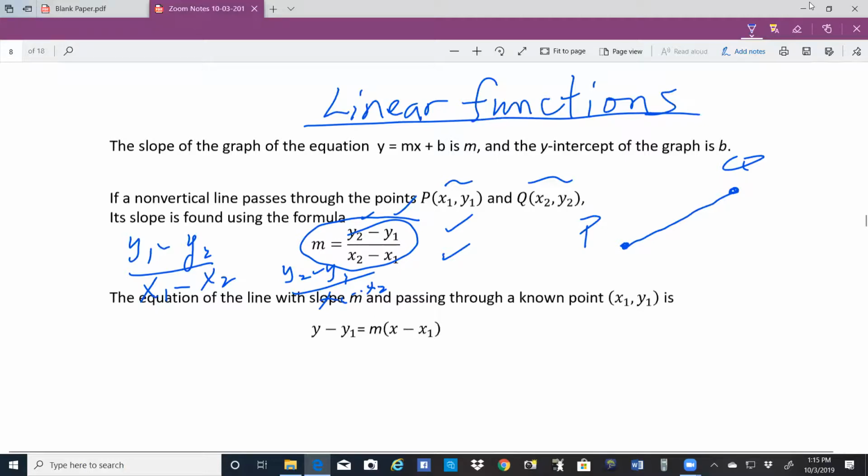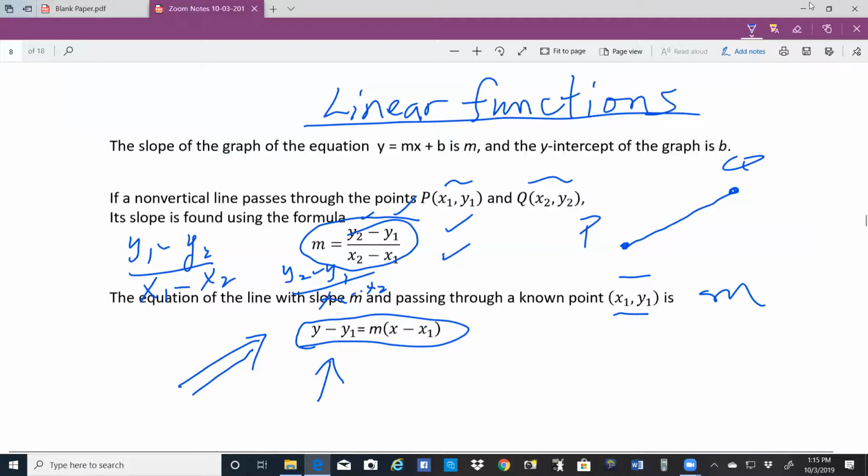And then an equation you can carry with you to the test is the equation of the line itself, given that it passes through the point x1, y1 and has a slope m. It's just y minus y1 equals m times x minus x1.